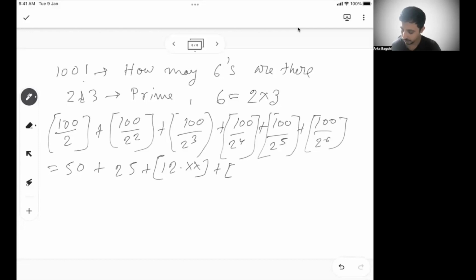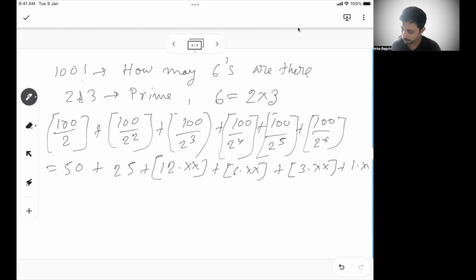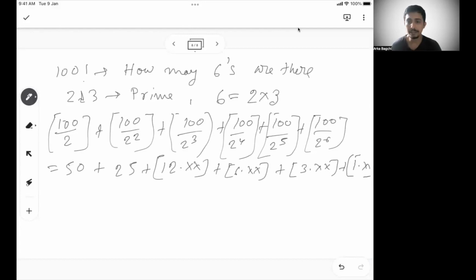As this is 16, so 6.xx. 32, so that means 3.xx. And 64 will be 1.xx. So this is equal to 50 plus 25 plus 12 plus 6 plus 3 plus 1. So 50, 75, 87, 93, 96, 97. So there are 97 twos.